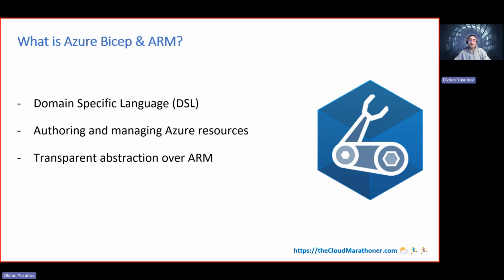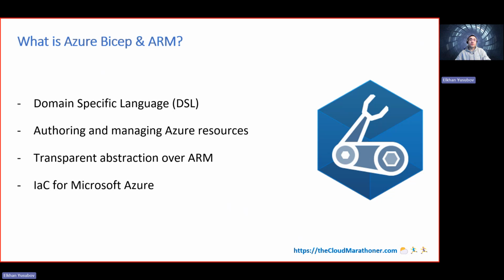And we mentioned that it's an abstraction over ARM templates, meaning that when you create your Azure Bicep code or templates, whenever you compile them, before they get deployed into the ARM layer, they are all compiled into ARM templates. That's why it's a transparent abstraction over ARM. And it's a preferred way of doing infrastructure as code for the Microsoft Azure platform. You can find more and more examples on official Microsoft Learn pages.